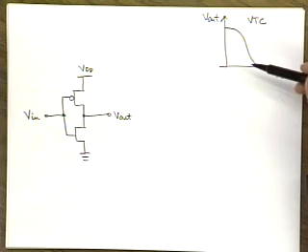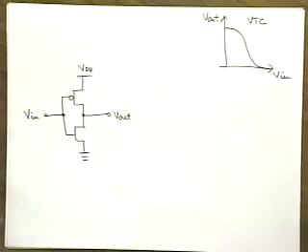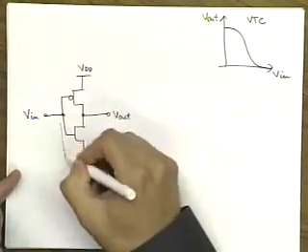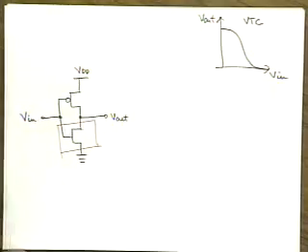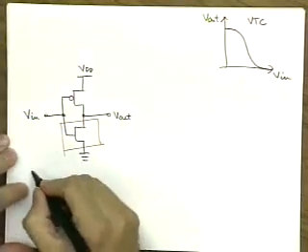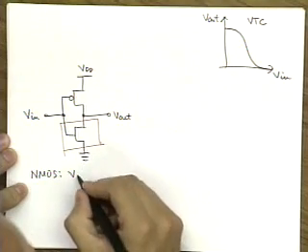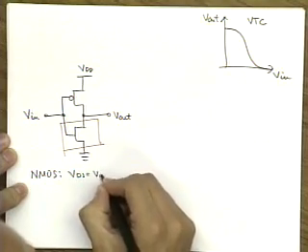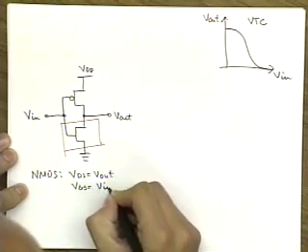So let's assume that we work in the coordinate system of the NMOS. Then for the NMOS, we have simply that VDS is equal to V out, and VGS is equal to V in.